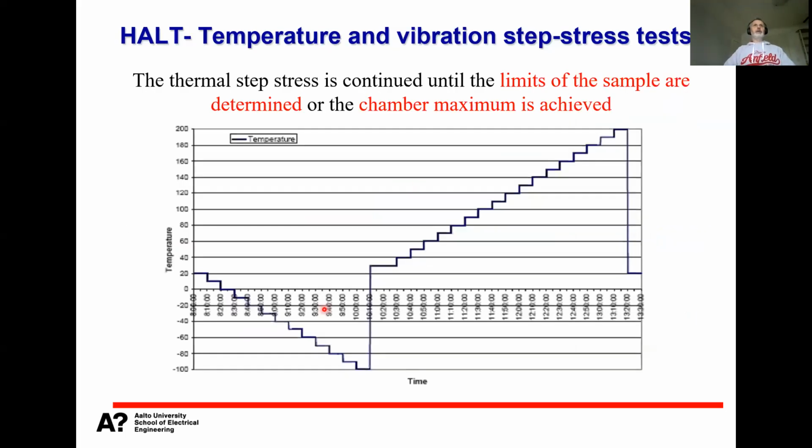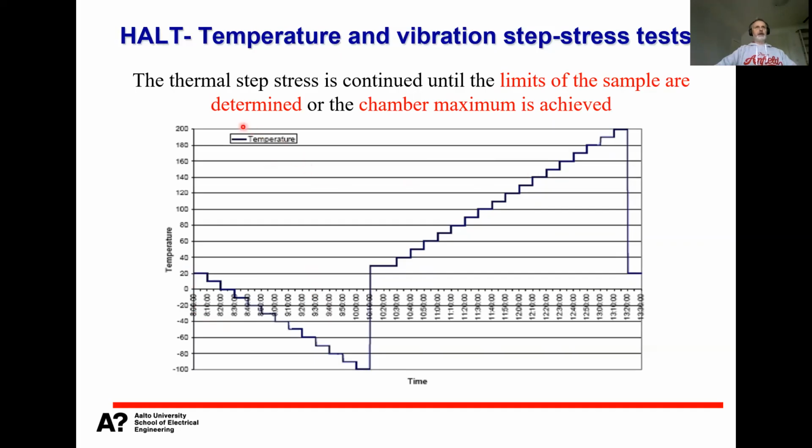So basically, you continue these steps, let's say from the temperature point of view, until you have really clearly defined the limits of the sample. So how much high temperature and low temperature this sample can withstand, or until you run out of the capacity of your testing system.